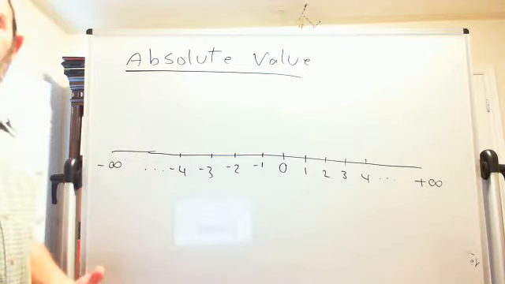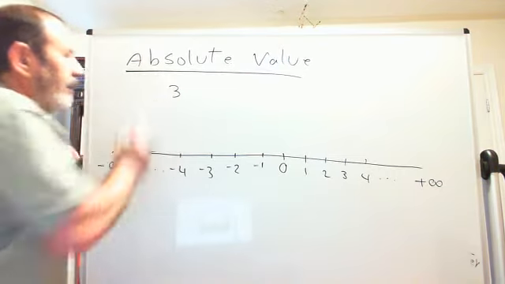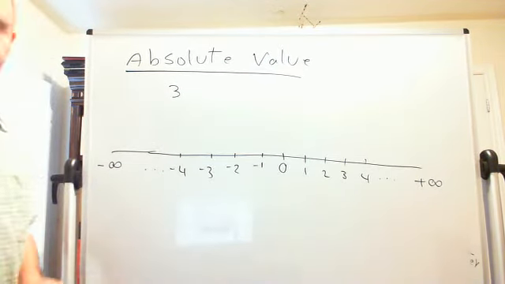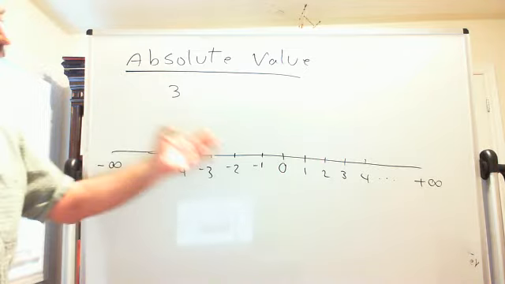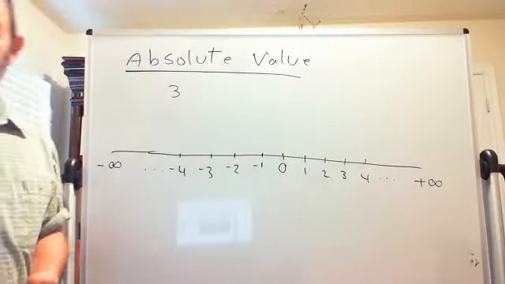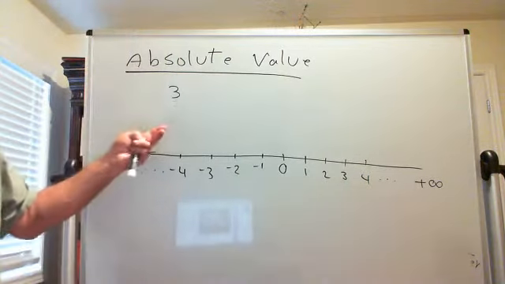So if I want to locate 3 on this number line, or graph the number 3 on this number line, it means locate the position of 3.